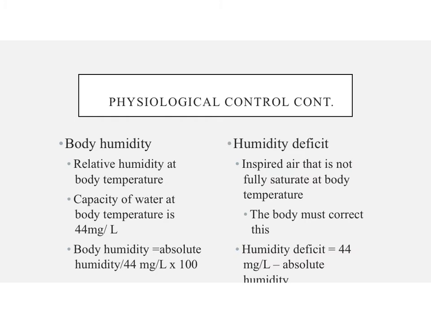To get body humidity, you take absolute humidity divided by 44 milligrams per liter times 100. You are not going to need to calculate that. I just want you to know that the max amount of water that can be in a gas at body temperature is 44 milligrams per liter.